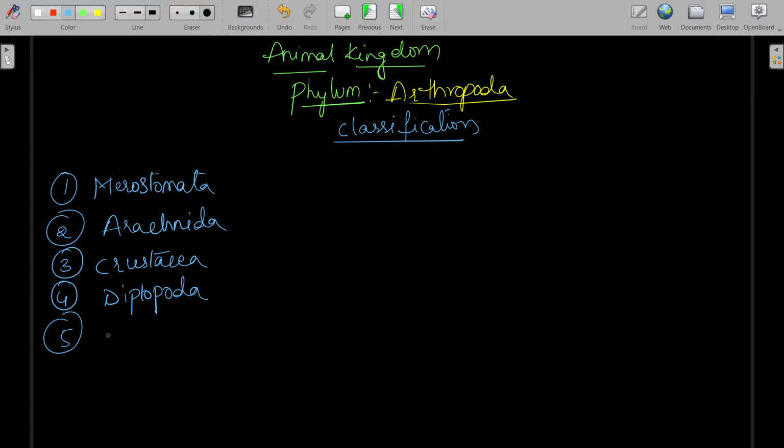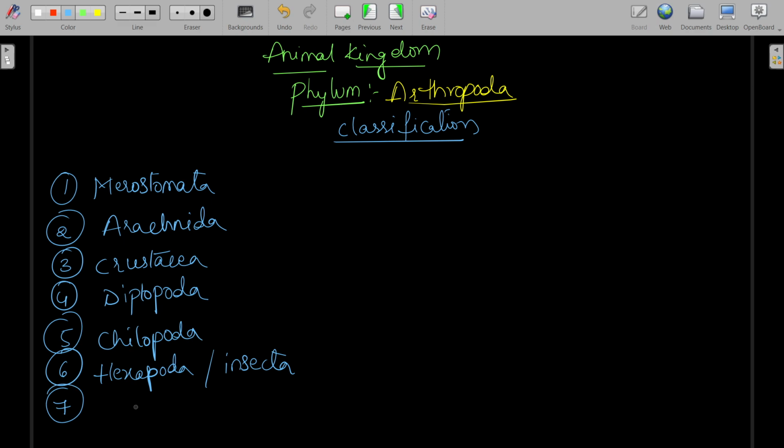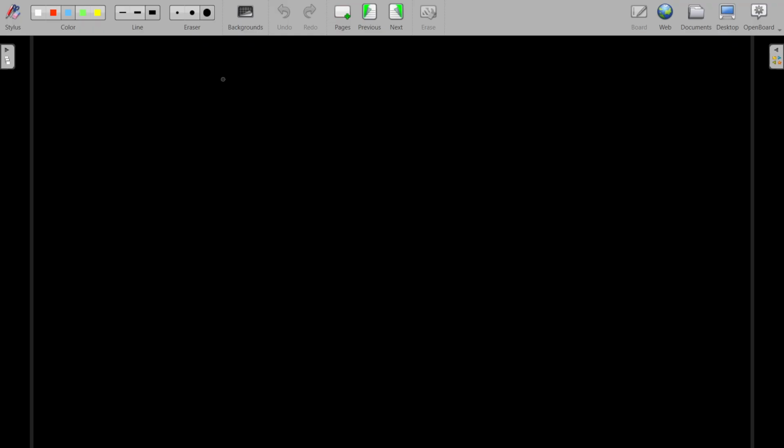Fifth class is Chelopoda. Sixth one is Hexapoda or Insecta. And the seventh class is Onchophora. So these are the seven classes of arthropoda.